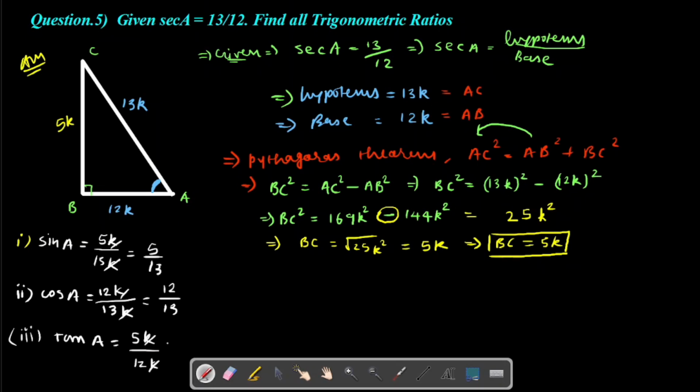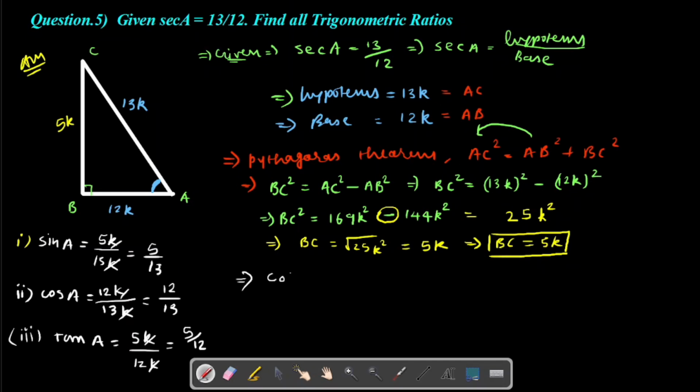Here the k will be cancelled out and the remaining value is 5 upon 12. Very good. Now we have found the three main fundamental trigonometric ratios, and now we are left with only two more, since one trigonometric ratio is already given.